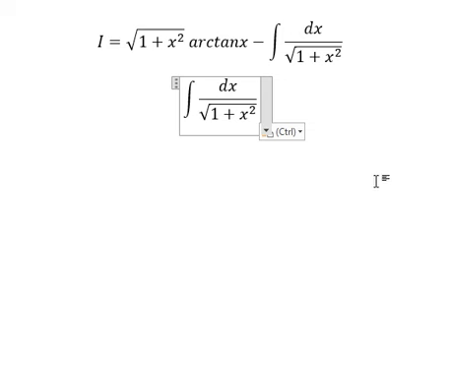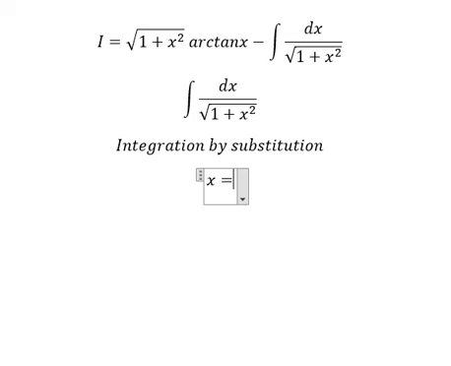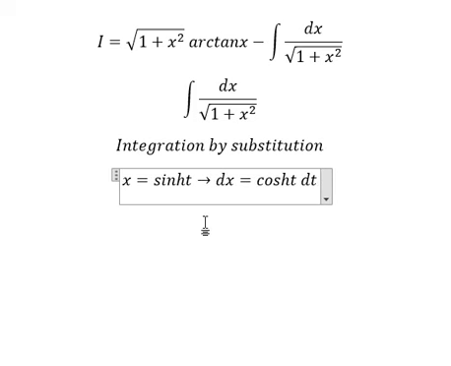So we can use integration by substitution. I will put x equals sin t. Then we take the derivative of both sides, and we have cos t dt.